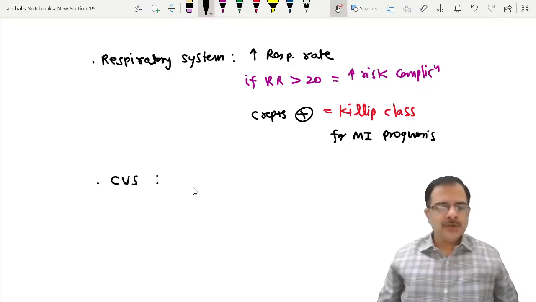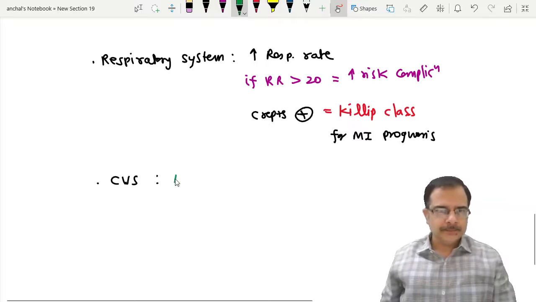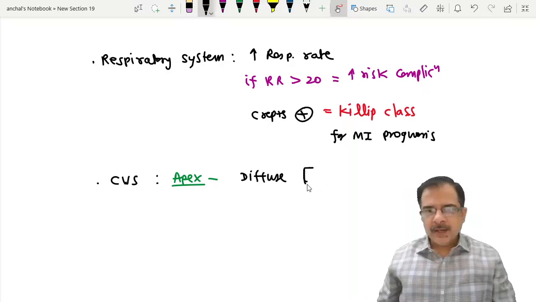In the cardiovascular system examination, apex beat. The apex beat will be diffuse because of poor ventricle contraction. Reason: left ventricle systolic failure.